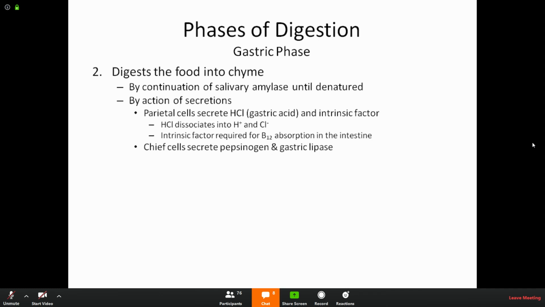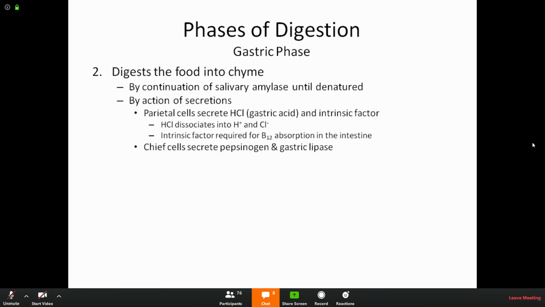For conversion of pepsinogen into pepsin, hydrochloric acid is necessary. When pepsinogen is converted into pepsin, pepsin helps in breakdown of the proteins. Then there are the gastric lipases, which help in the breakdown of lipids, right?